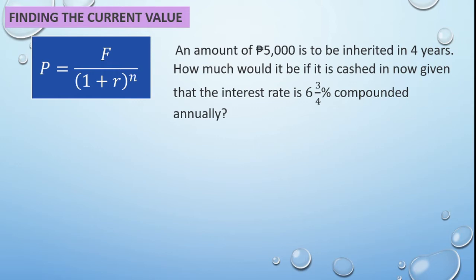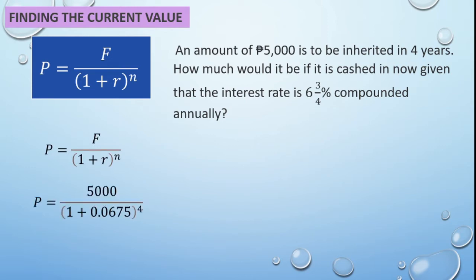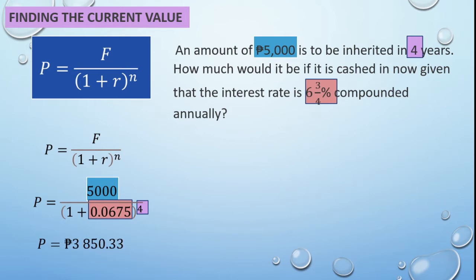Consider the problem. An amount of 5,000 is to be inherited in 4 years. How much would it be if it is cashed in now, given that the interest rate is 6 3/4% compounded annually? From the formula, we have F equal to 5,000, N equal to 4, and R equal to 6 3/4%, written in decimal as 0.0675.